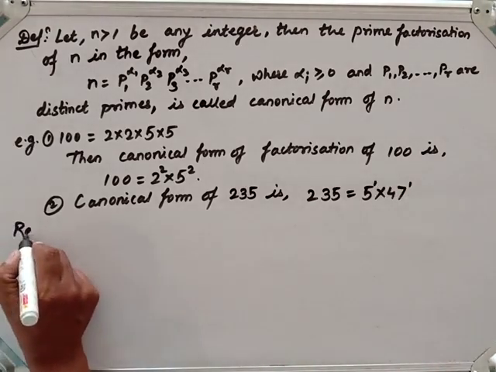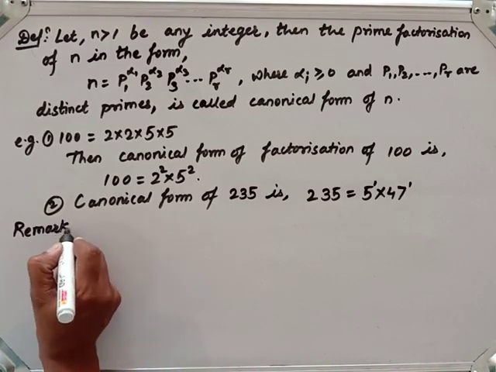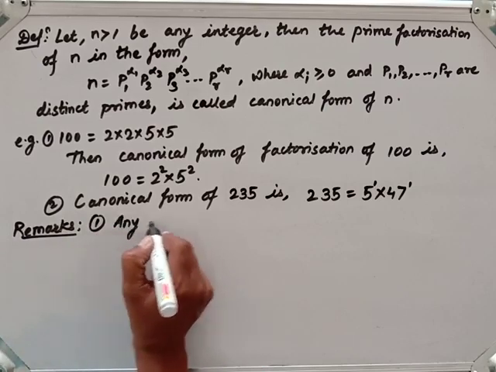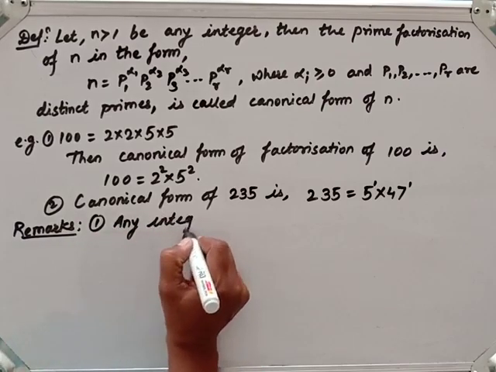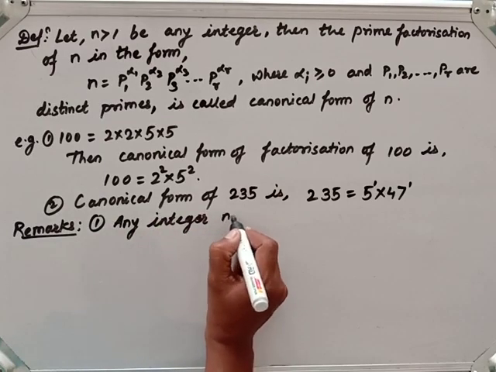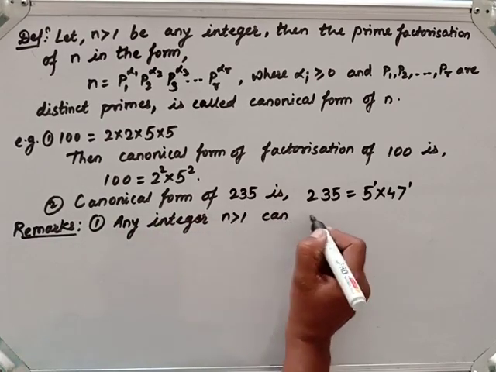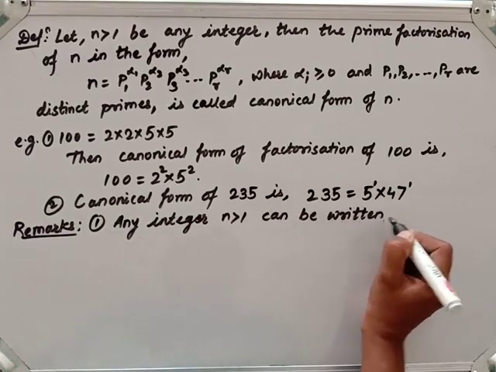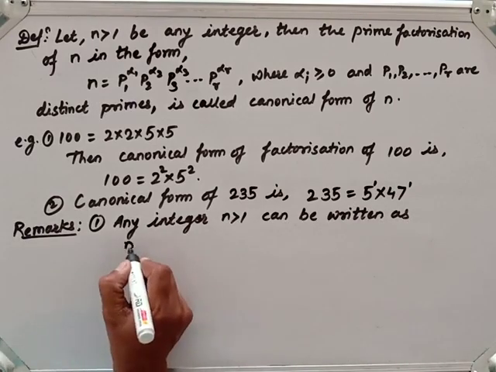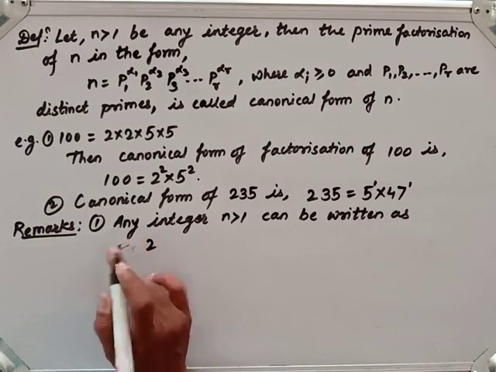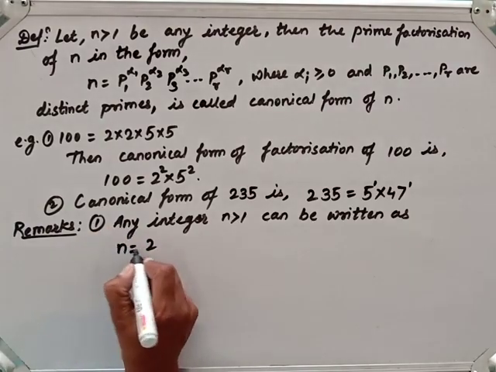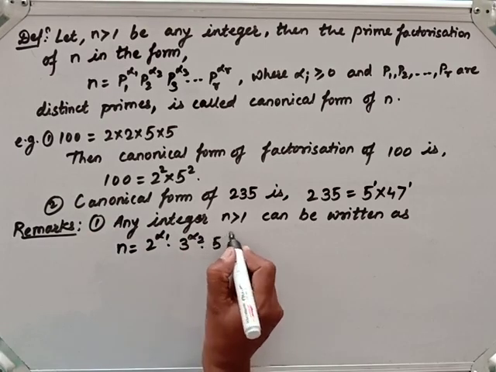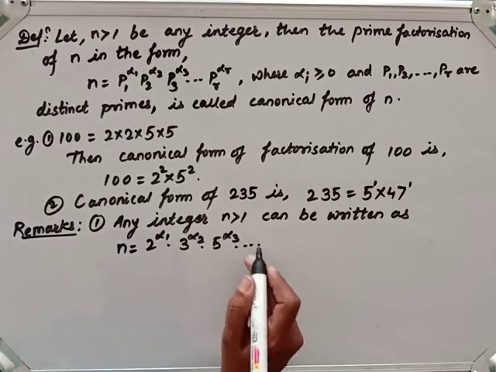Now here let us see some remarks on this definition. Suppose the first one is: any integer n greater than 1 can be written as n equal to 2 raised to alpha 1, 3 raised to alpha 2, 5 raised to alpha 3 and so on.